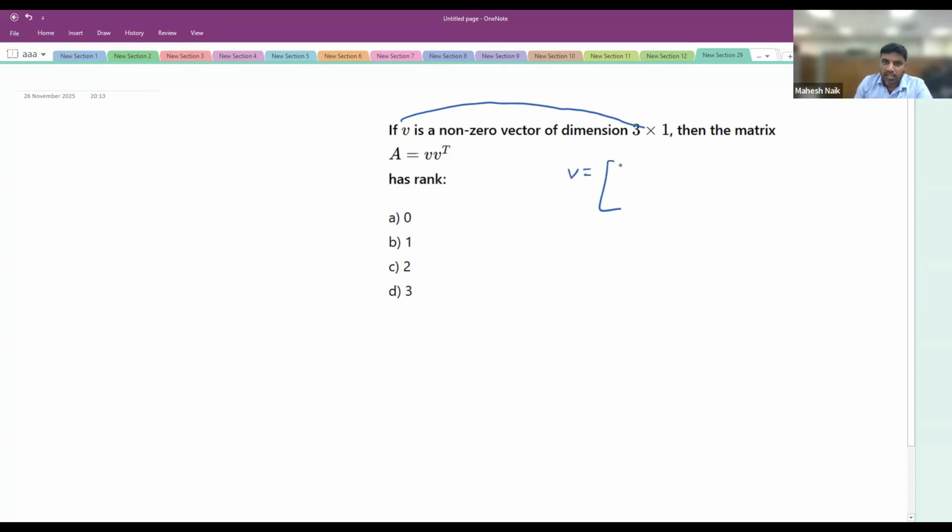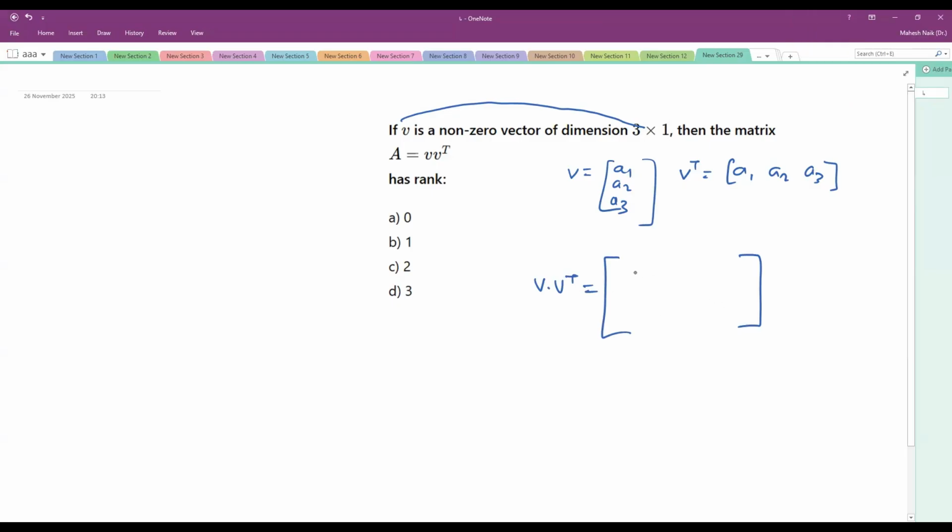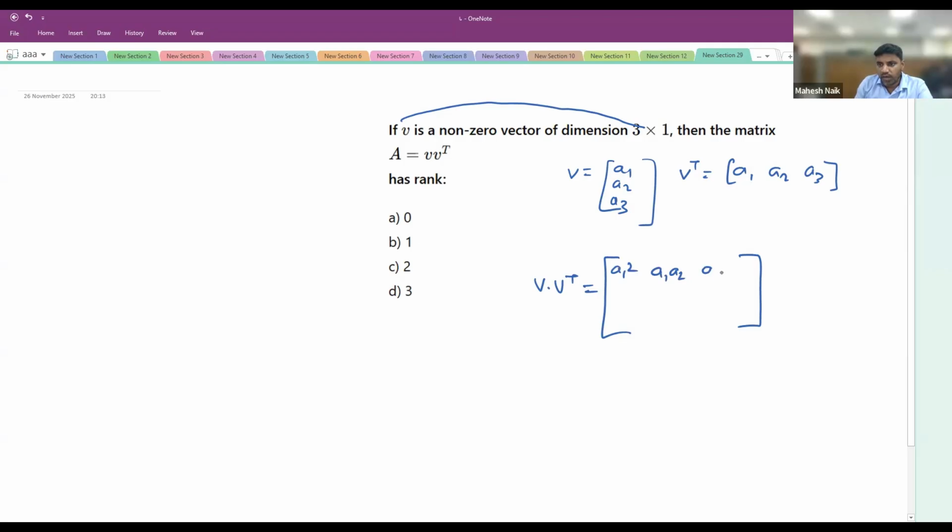We can take V as a1, a2, a3, and V transpose would be a1, a2, a3 as a row. So V into V transpose will be a matrix of order 3 cross 3: a1 square, a1 a2, a1 a3; a2 a1, a2 square, a2 a3; a3 a1, a3 a2, and a3 square.